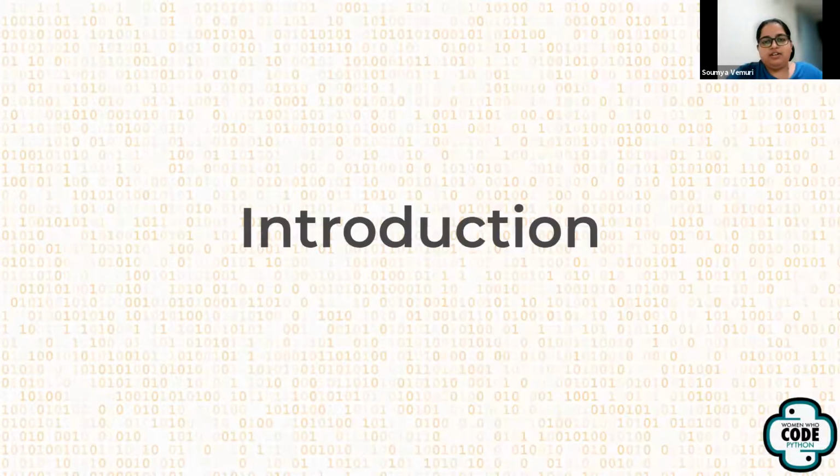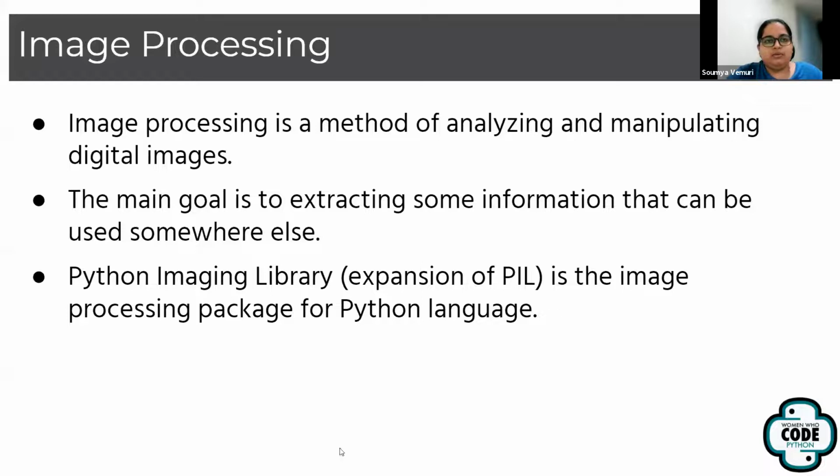So, introduction to image preprocessing and Pillow. Image preprocessing is basically a series of methods that we can use on images to analyze them, manipulate them, and modify them to our needs. Our main goal is to extract some information that can be used somewhere else. Either you can find a particular feature that you want in an image after you preprocess it to some degree.